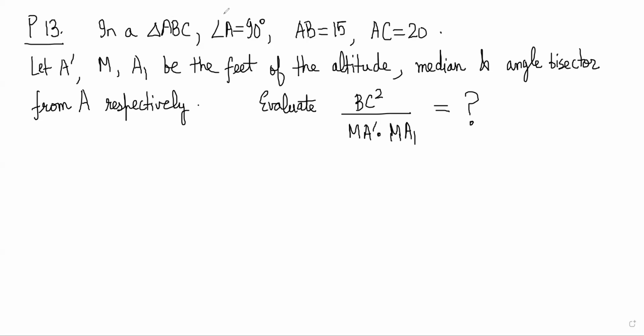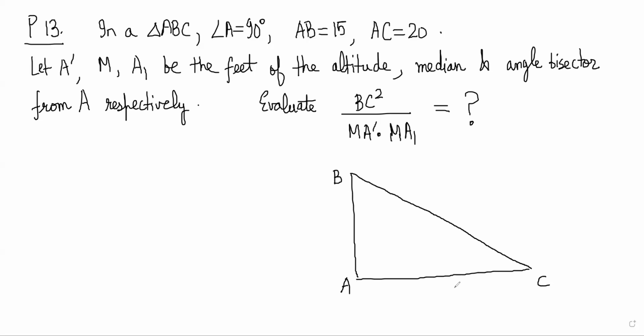The setup is very easy because it's a right angle triangle. Draw a nice figure and then things will start becoming clearer. We already know BC is 25, right?